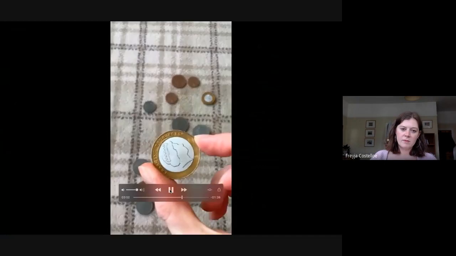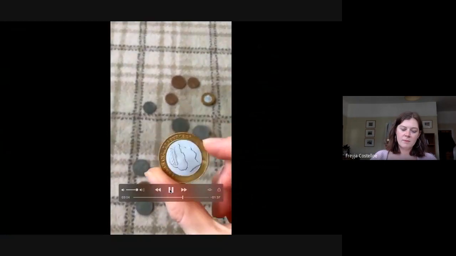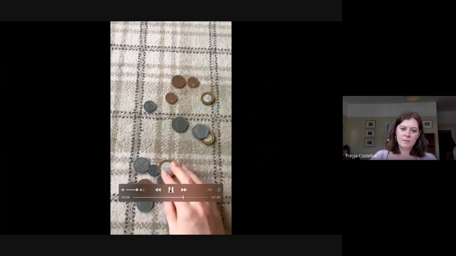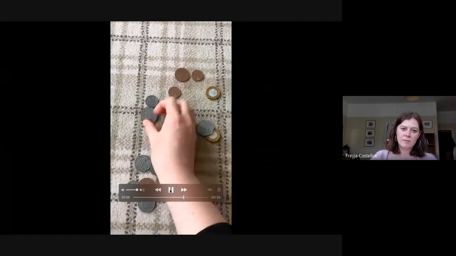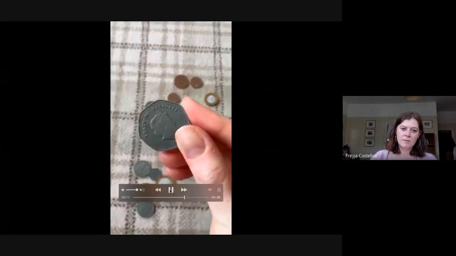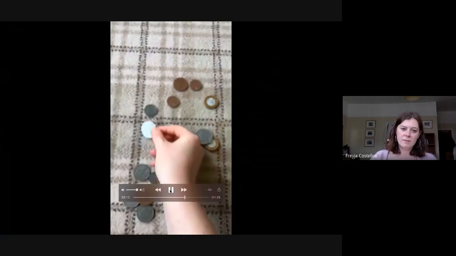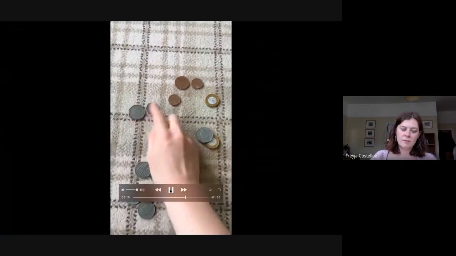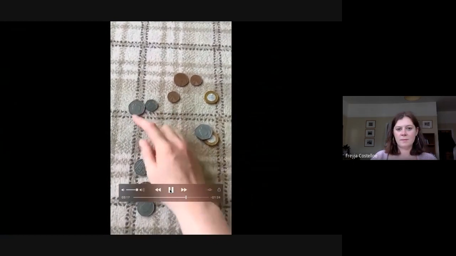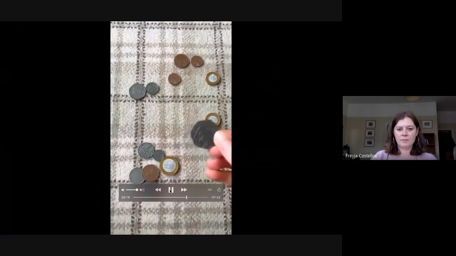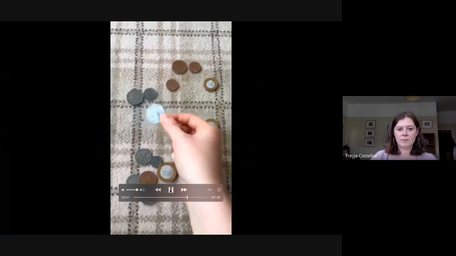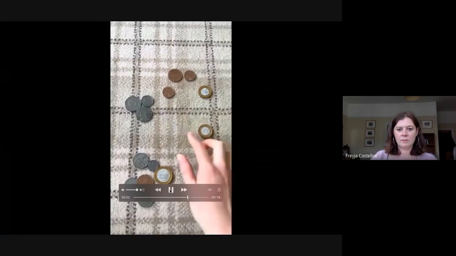What about this? My £2 coin. Yeah, that's round. That's going to go in my round group as well. My 50p. It's the same sort of shape as my 20p, isn't it? But it's bigger. And because it's 50p, it's more valuable. Okay, 50p is more money than 20p.